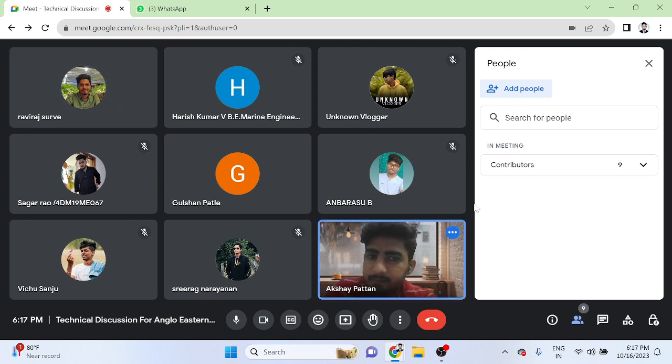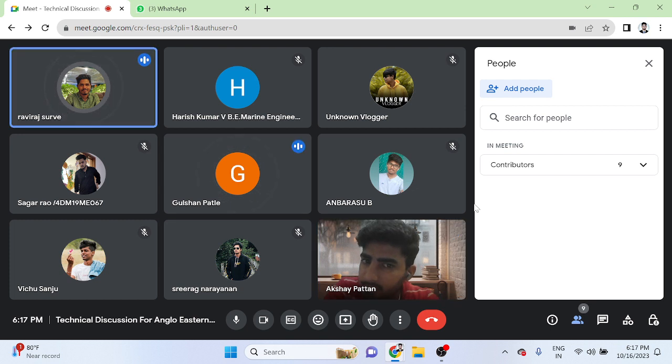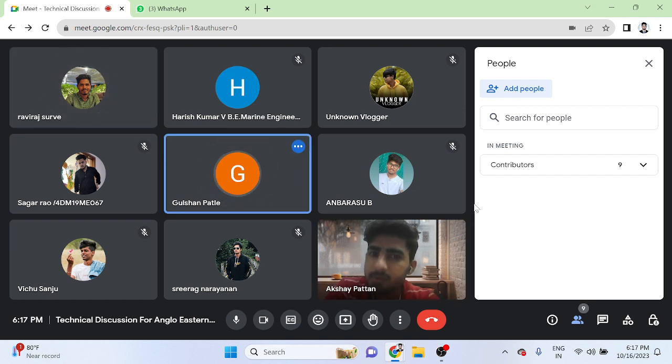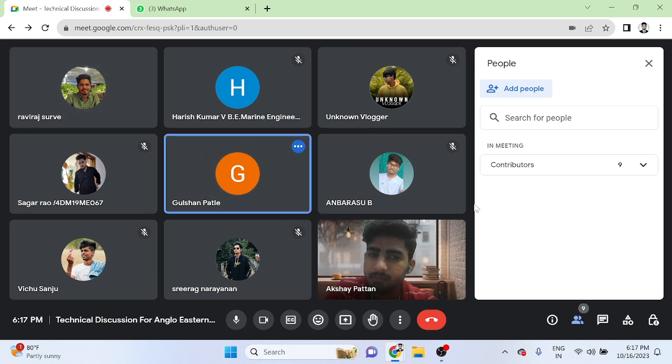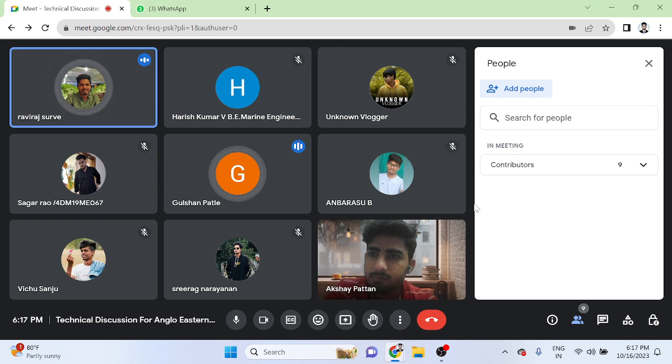Yeah, Raviraj. When air enters the centrifugal pump, we know that the density of air is 1,000 times less than water, and air is also compressible. So when air enters the centrifugal pump, it will not be able to create the suction pressure which we require at the eye of the impeller.